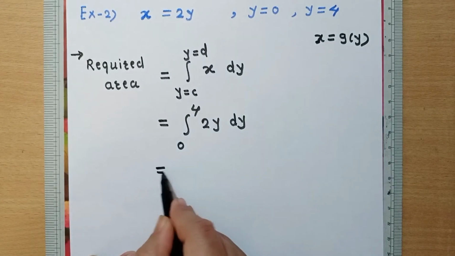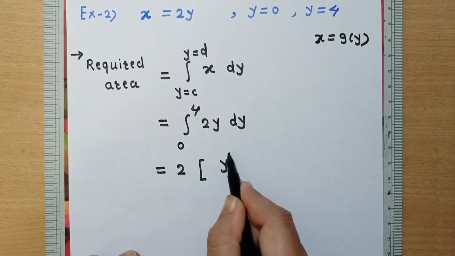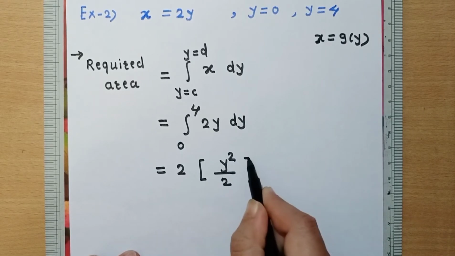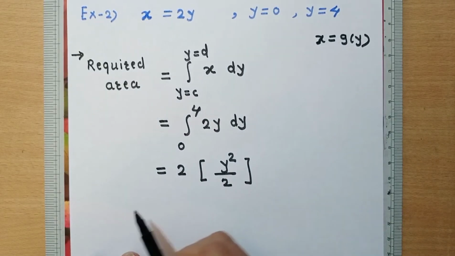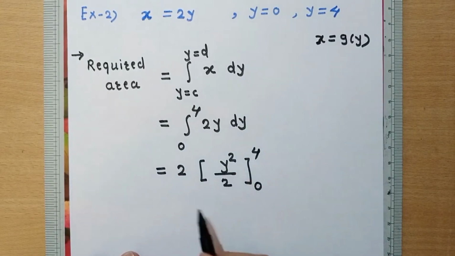Take this 2 outside, which is a constant, and integration of y is y square upon 2, by the same way as we solved in the previous example, and write down these limits from 0 to 4.